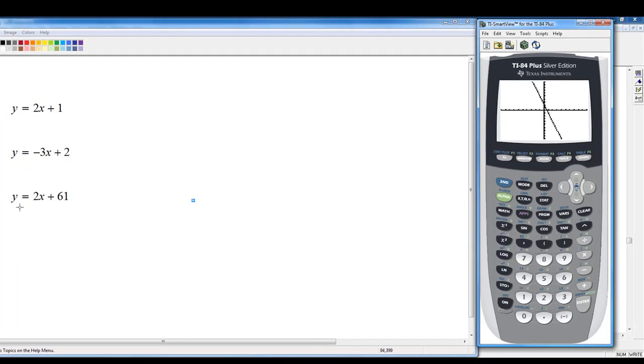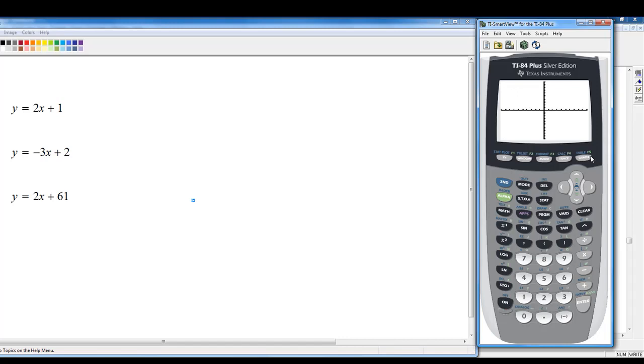Now say we want to graph the equation y = 2x + 61. Let's turn this off and go here. We have 2x + 61. I entered it, press graph.